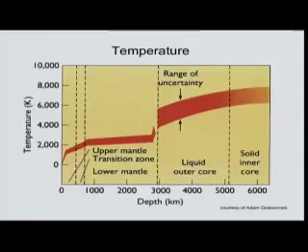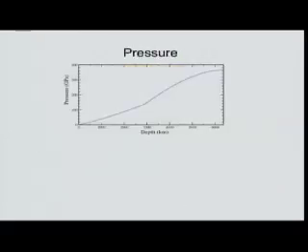So this is very, very high temperature, and therefore whatever we send down there has to be able to survive this intense heat. On top of that, we have a pressure effect. This is a similar plot showing pressure on the y-axis and depth on the x-axis. At the surface, we have atmospheric pressure.